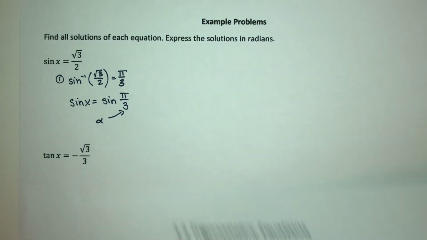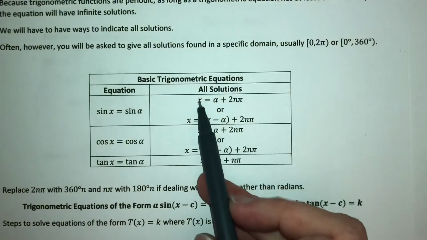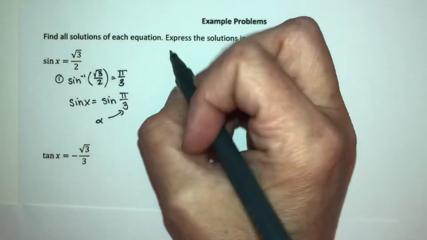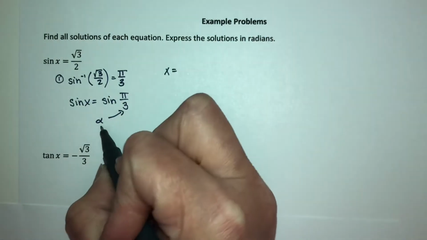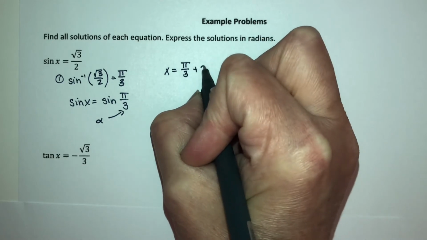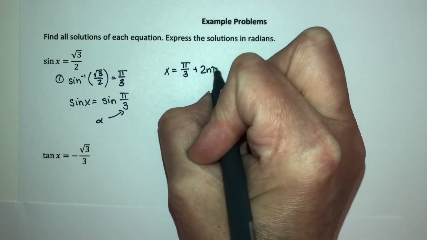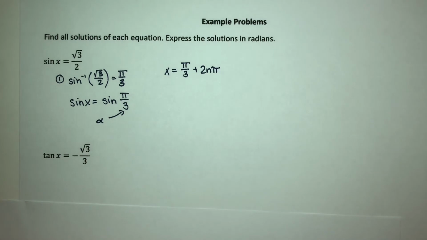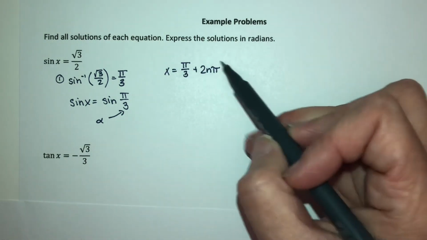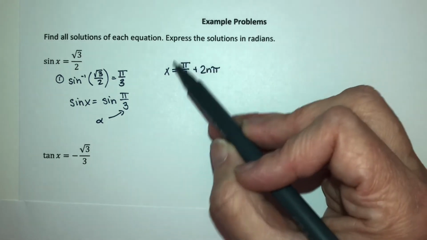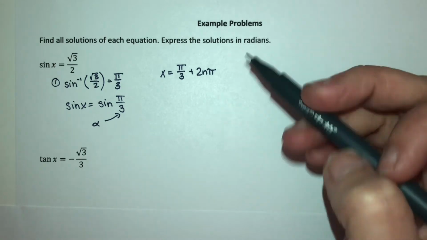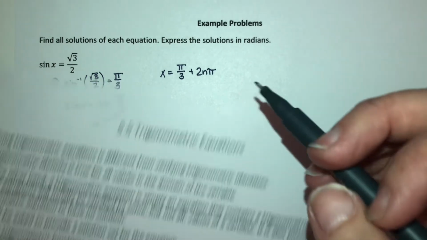Since this is sine, one set of possibilities is your alpha plus 2n pi. So x is equal to pi over 3 plus 2n pi. That's going to give me an infinite number of solutions, just going around the unit circle however many times as I need to. Everything that is coterminal with pi over 3 is a solution. Now let's find the other set.